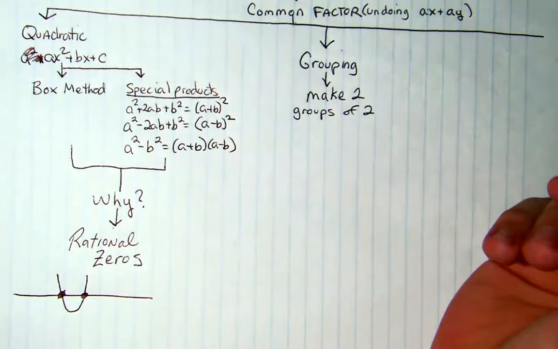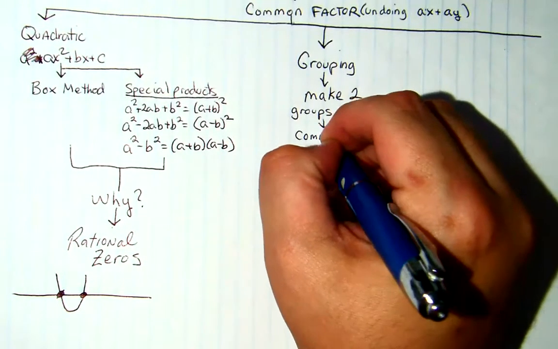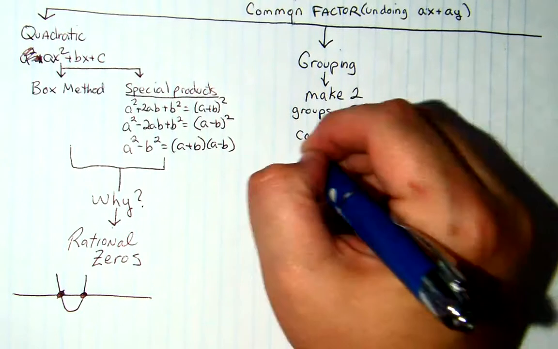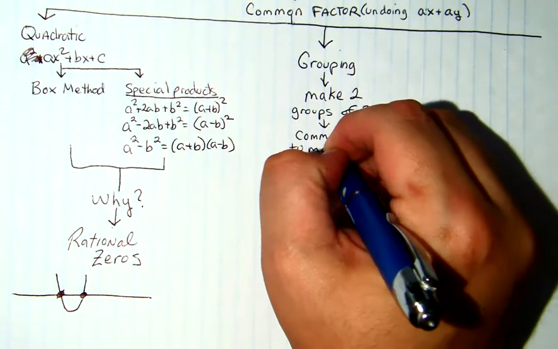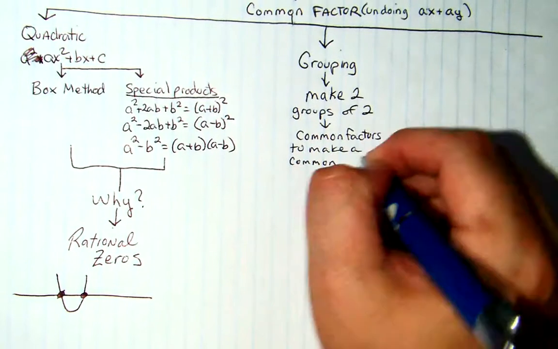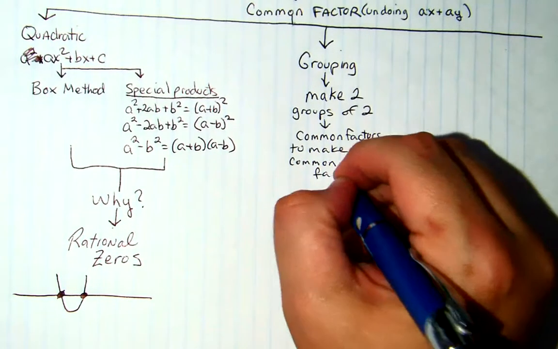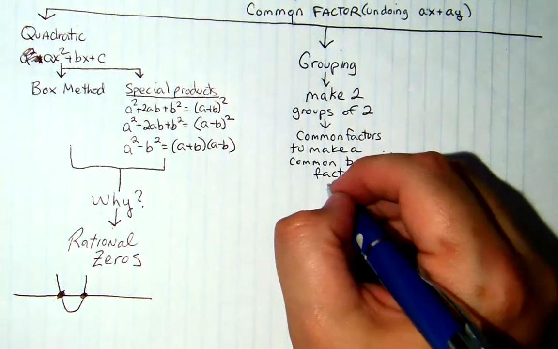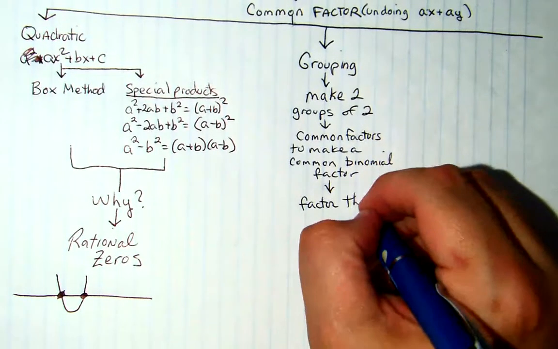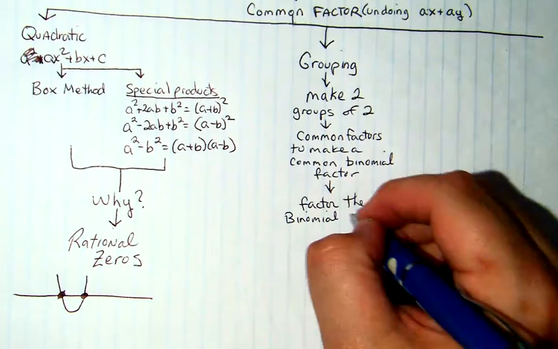Make two groups of two, take out your common factors to make a common binomial factor. And then you factor the binomial factor.